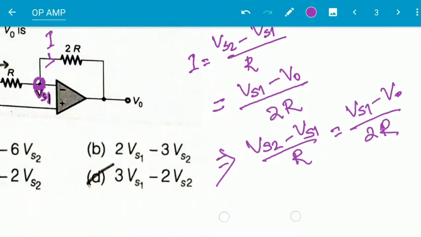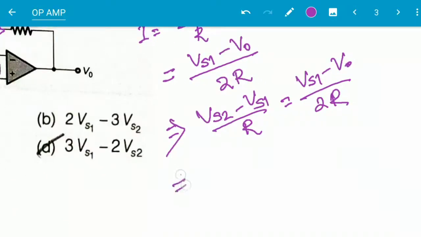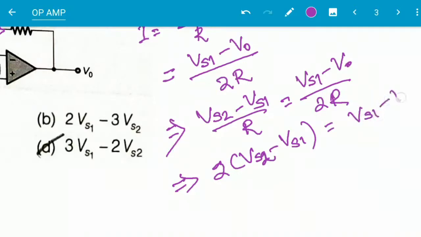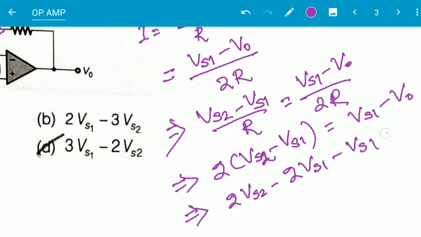If we cancel out R from both sides, then it will be 2 into (Vs2 minus Vs1) is equal to Vs1 minus V0, which will be 2 Vs2 minus 2 Vs1 minus Vs1 is equal to minus V0.